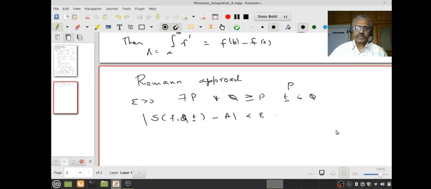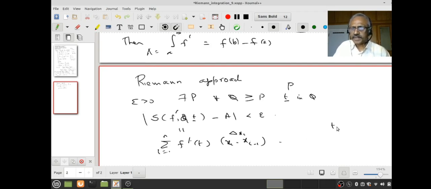Now, how do I go about using that? Let us write down what the Riemann sum looks like. This one looks like the sum of f dash of t_i into (x_i minus x_{i-1}), with i equal to 1 to n.